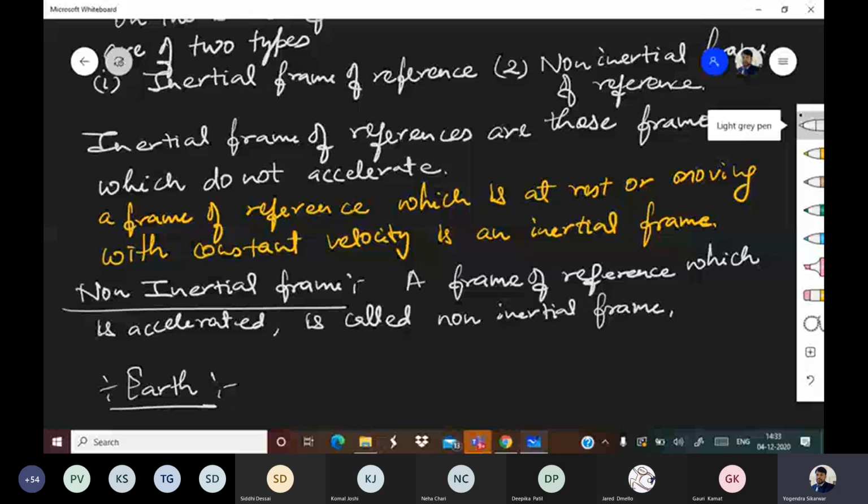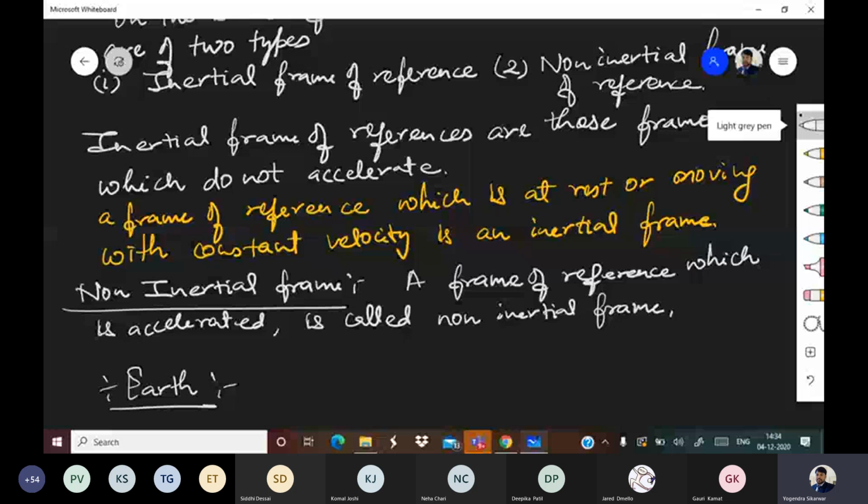So all of you are correct actually. If you go by the definition being taught to you, it should be non-inertial, but to keep things simple, we consider it as an inertial frame of reference.